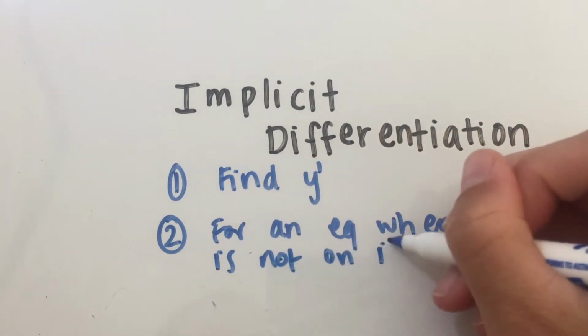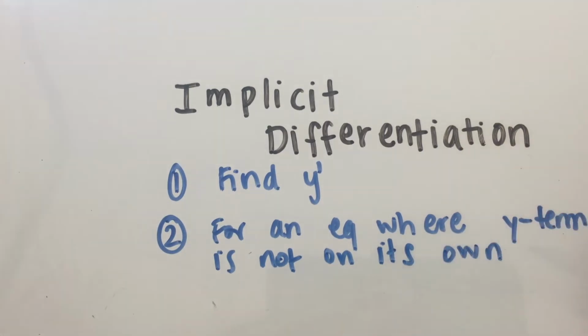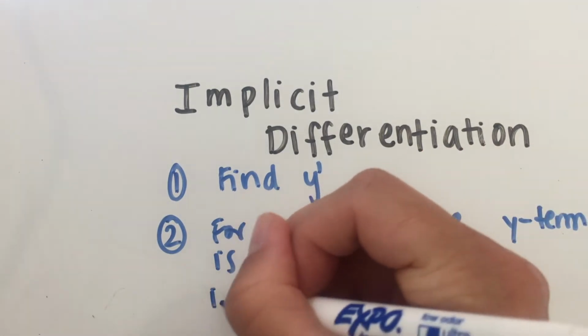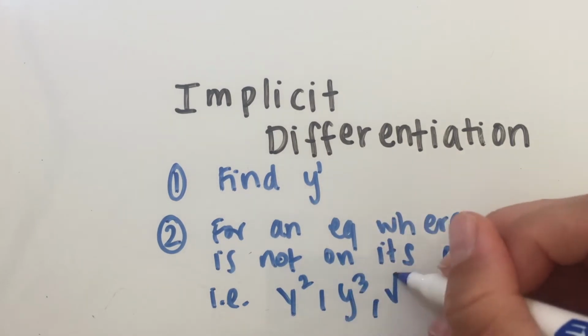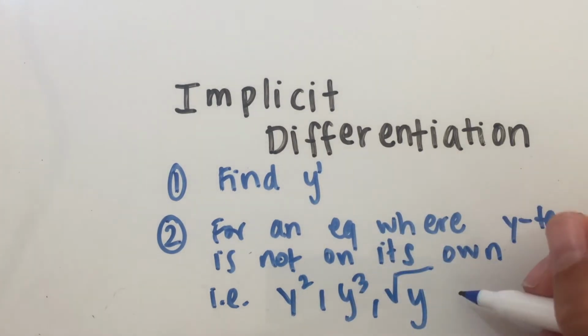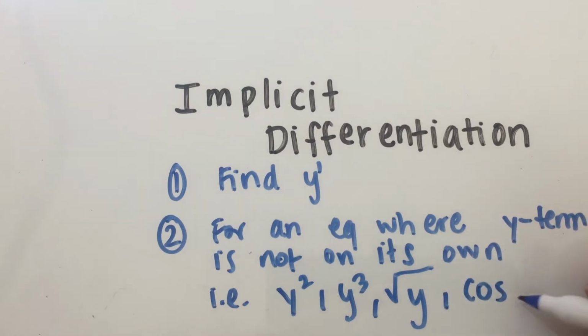What I mean by this is we would have within our equation a y squared, y cubed, cosine of y, etc. And using implicit differentiation will make it easier for us to solve for the derivative.